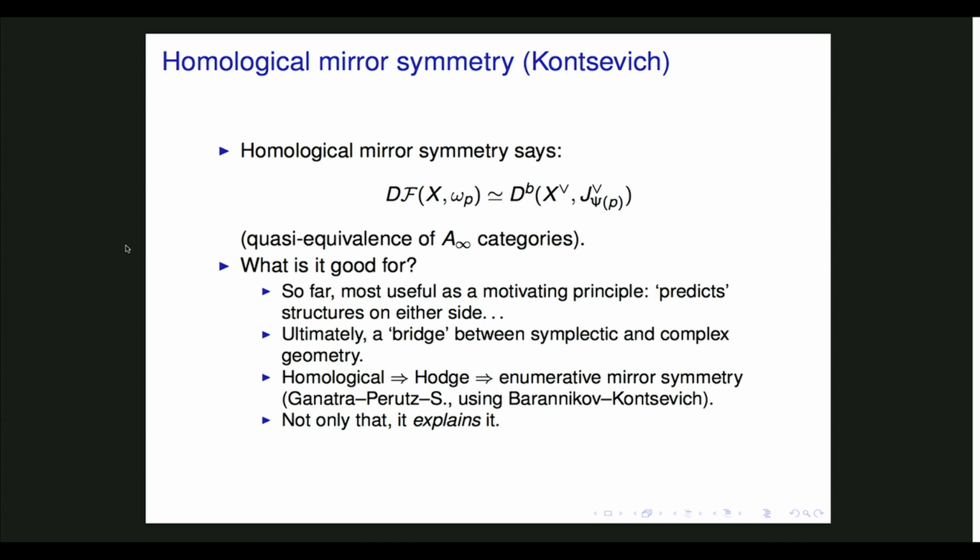But not only are there these implication arrows, in some sense, homological mirror symmetry is less surprising than the other versions. And the reason has to do with versality, the idea that I said my talks will be about. So let me explain.